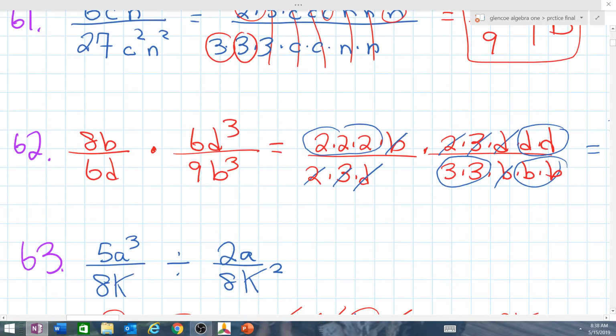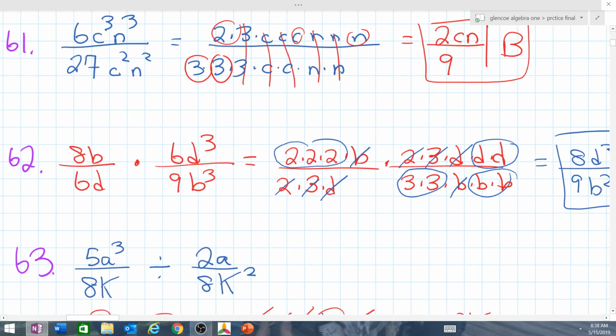62. 8b over 6d times 6d cubed over 9b cubed. So we're going to prime factor 8b as 2 times 2 times 2 times b over 6d, 2 times 3 times d, times 6d cubed, 2 times 3 times d times d times d, over 9b cubed, 3 times 3 times b times b times b.